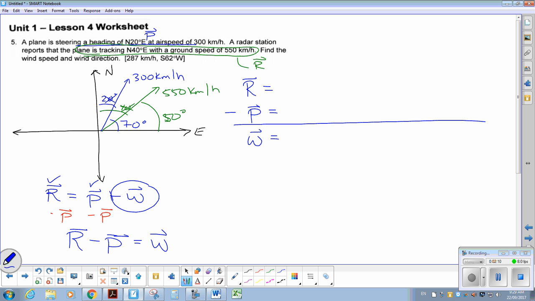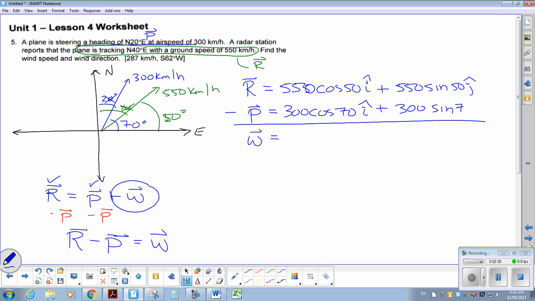So the resultant is 550 cos 50 i plus, because both x and y components are positive in this case, 550 sin 50 j. The plane is 300 cos 70 i plus 300 sin 70 j. We need to remember we're subtracting these components when we plug it into the calculator.